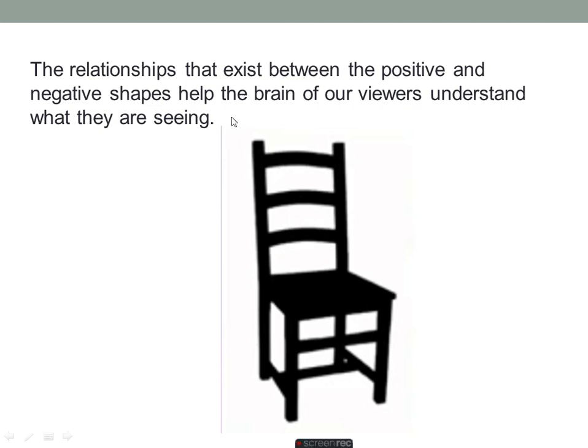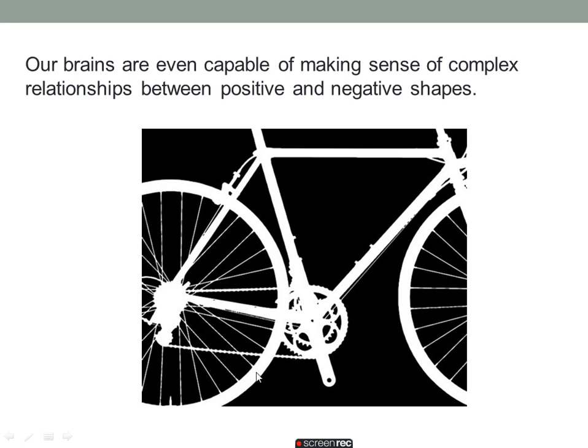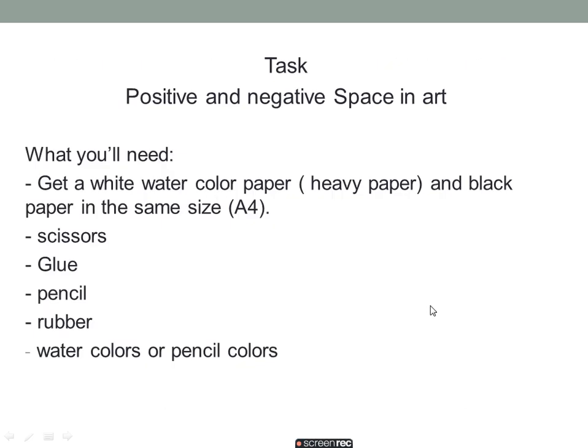The relationships that exist between the positive and negative shapes help the brain of our viewers understand what they are seeing. Our brains are even capable of making sense of complex relationships between positive and negative shapes, like these examples. There are many lines beside each other, and our brain can identify that this is the shape of a bike.